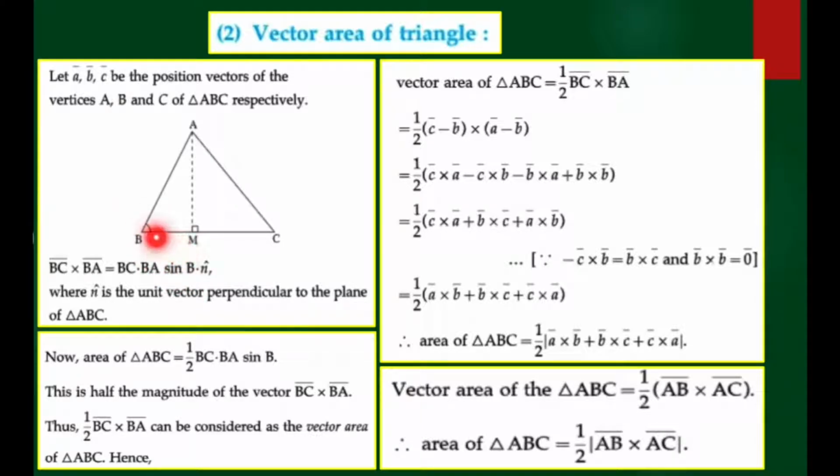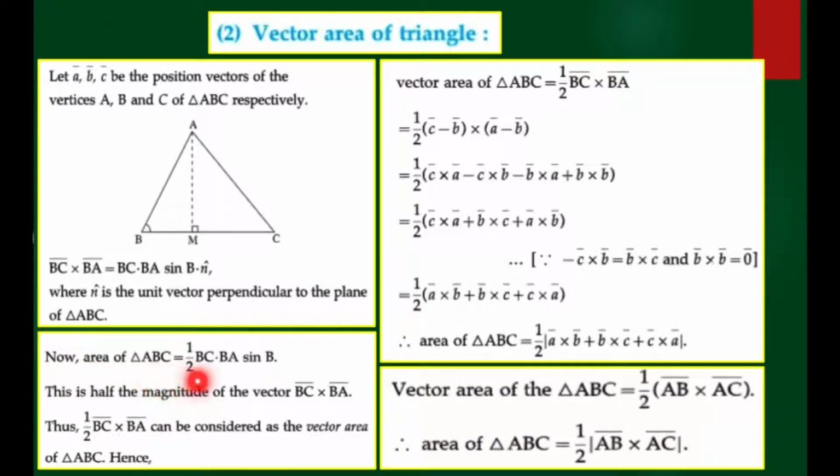Suppose we consider the angle between vector BC and vector BA is B. So we write sin B into n cap, the unit vector perpendicular to both BC and BA, that is perpendicular to the plane of triangle ABC.